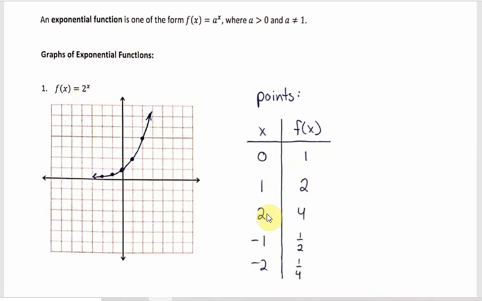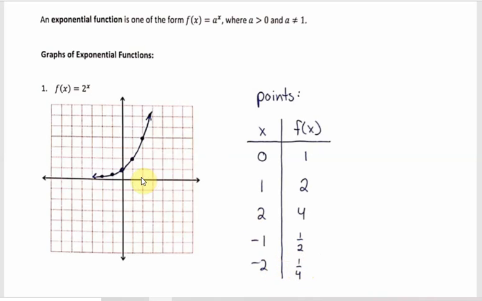If x is 2, you get 2 squared, which is 4. And what about negatives? If x is negative 1, you get 2 raised to the power of negative 1, which you can rewrite with a positive exponent like this, right? It would be 1 over 2 to the first, which is 1 half. Or if x is negative 2, you could rewrite that as 1 over 2 squared, which is 1 fourth.